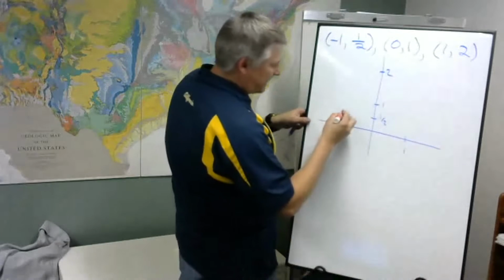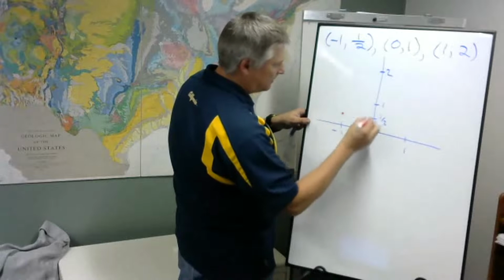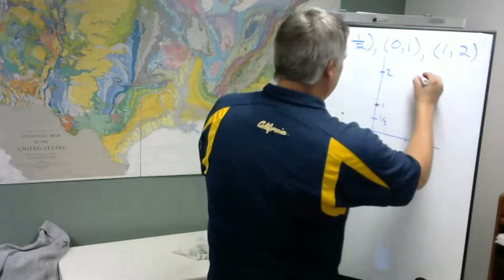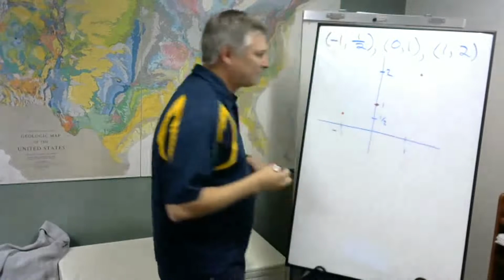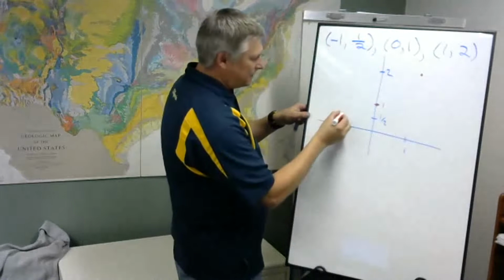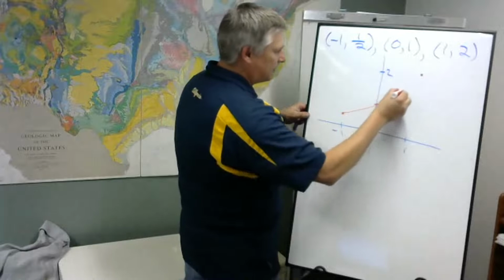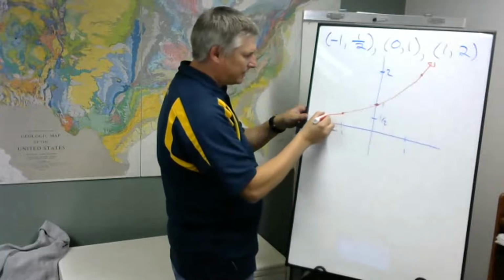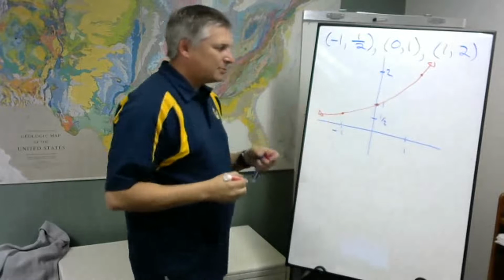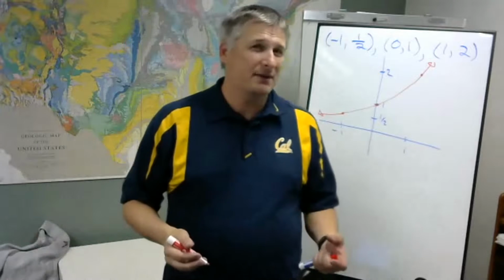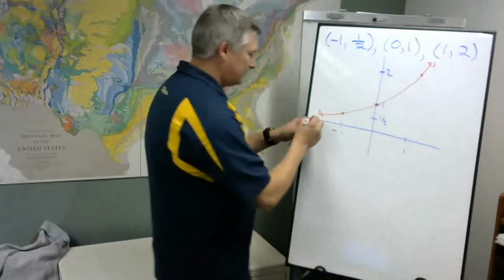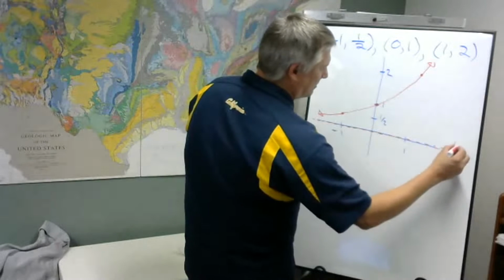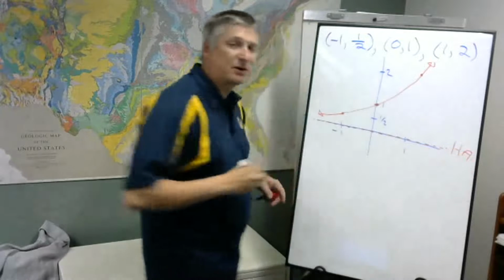Negative 1 and 1/2 is here. 0 and 1 is here. And 1 and 2 is right about there. And so we connect these going left to right. Kind of a swoop. And then out here, we're going to keep dropping down, but we're never going to cross the x-axis. This x-axis is a horizontal asymptote.